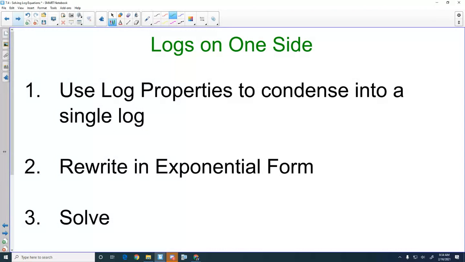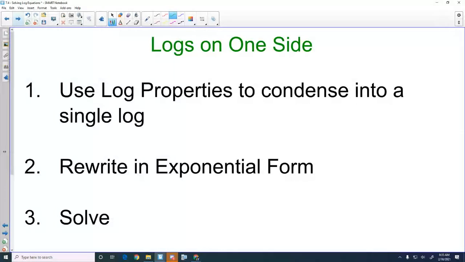First, when you have a log equation with logs on one side of the equal sign, you're going to use those log properties to condense it into a single log. So just like the earlier lesson, if you have log of this plus log of that, combine it to make it a single log on one side.